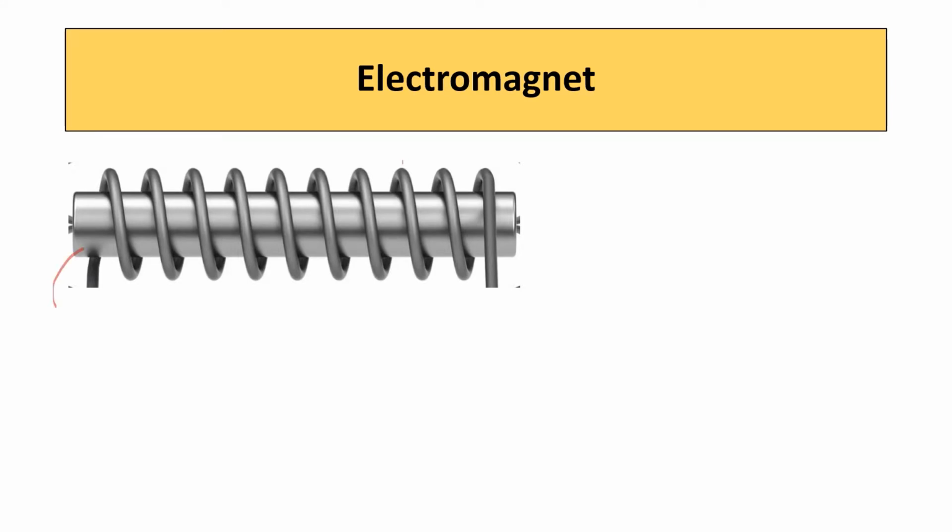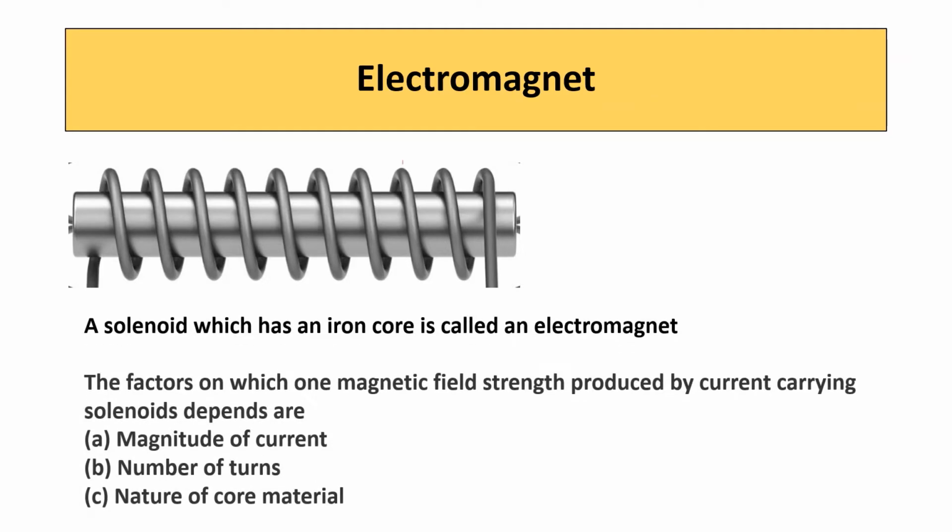This soft iron will become a magnet when electric current starts flowing through the coil. This is called electromagnet because only when electricity is passed through the coil, this will become a magnet. A solenoid which has an iron core is called an electromagnet.